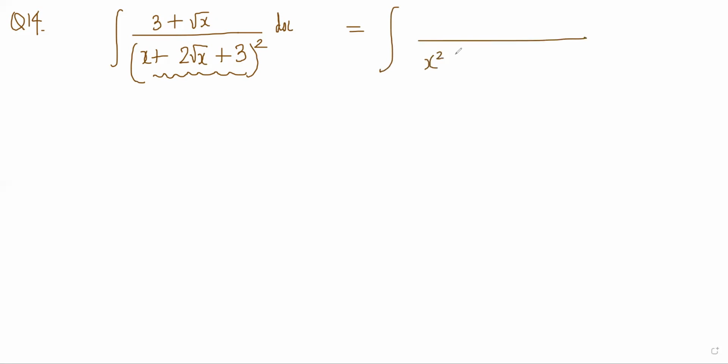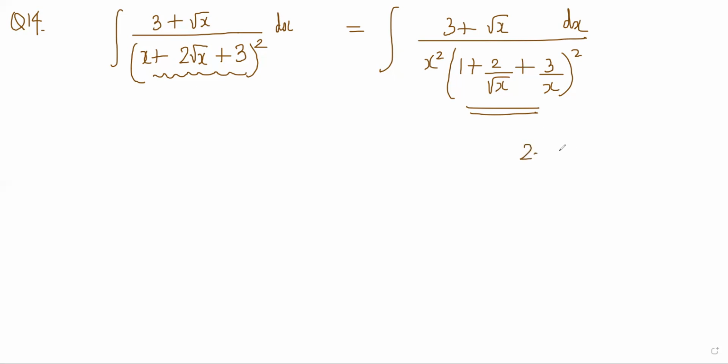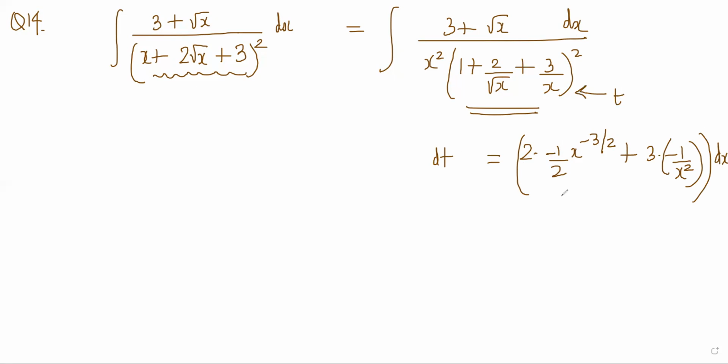So here, what we can do is we can take x outside this fraction, and what we will get is x^2 comes out and it becomes (1 plus 2 by root x plus 3 by x) whole square, and x^2 comes out and it is 3 plus root x dx. So now notice that the differentiation of this is 2 into the derivative of 1 by root x, which will be minus half x^(-3/2), plus 3 into minus 1 by x^2, multiplied by dx, would have been your dt if I have called this t.